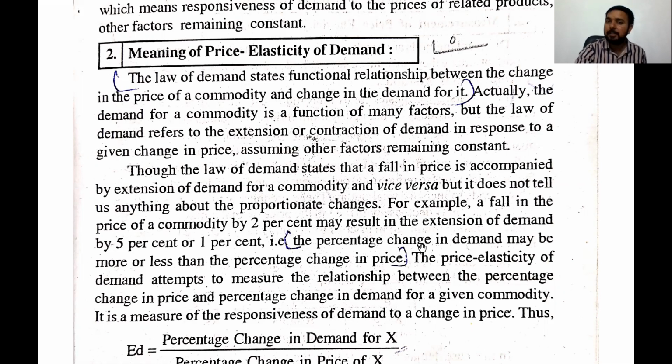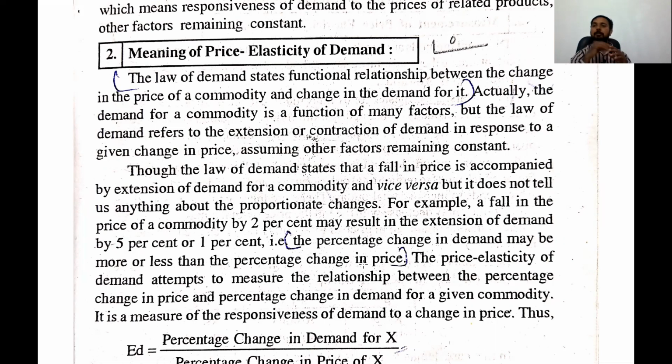That is, the percentage change in demand may be more or less than the percentage change in price. So guys, here you can understand very clearly that when the price is increased or decreased by, for example, 5%, what percentage change will we get in the demand of the product.